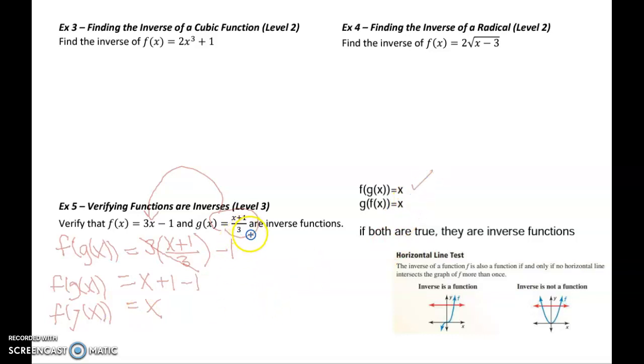So now we need to do the same for the second one. Now we're going to do g of f of x. I'm taking f, and I'm going to put it in here for g.